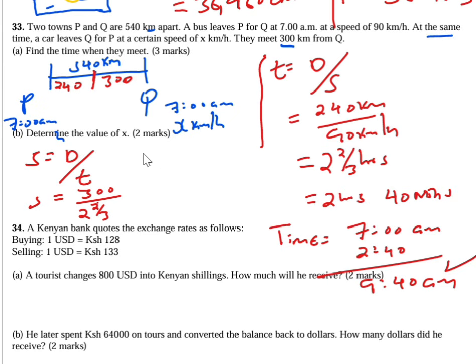So if you do that kindly, 300 divided by 2 over 3, you'll see the answer is 112.5. So the speed, so x is 112.5 kilometers per hour. So we get those 2 marks.